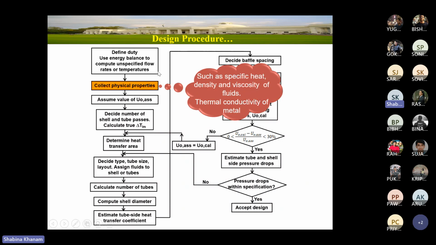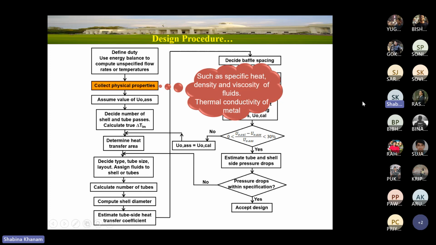You will assume the specific heat, because the first property you require is the specific heat. So you will assume the specific heat of that fluid. Irrespective of the temperature, you can assume any value. There is no guideline.